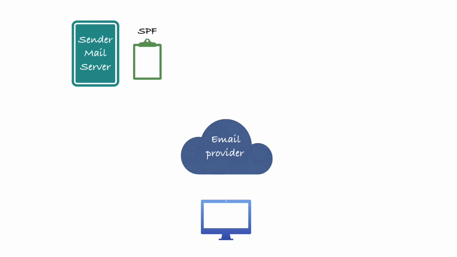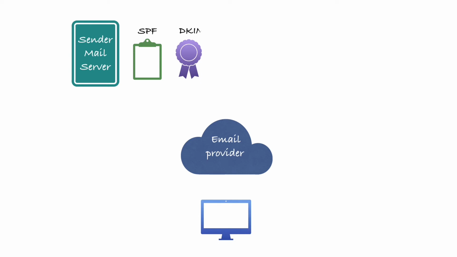This information will be updated in DNS as an SPF record so that the receiver can check the SPF record of the sender to see whether a message is sent by an authorized host or not.